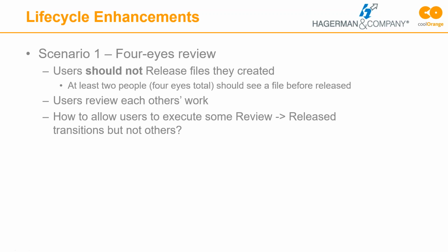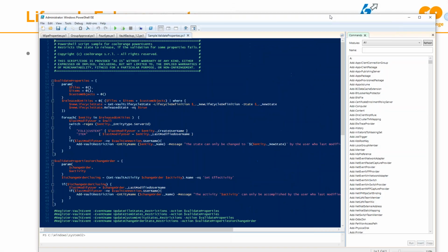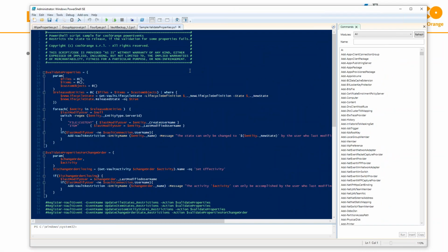In fact, powerEvents comes with a few sample scripts, I should say, right? So one of the sample scripts was this idea of validating properties. And this example was actually that a person who edited the file should be the person who then releases it, right? So sort of like a document ownership kind of thing.